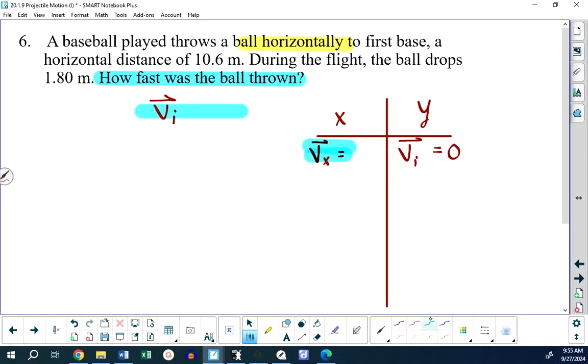But the velocity of the ball a short time later will no longer be this number. It's going to be the sum of this and whatever the velocity vertically is. Okay?